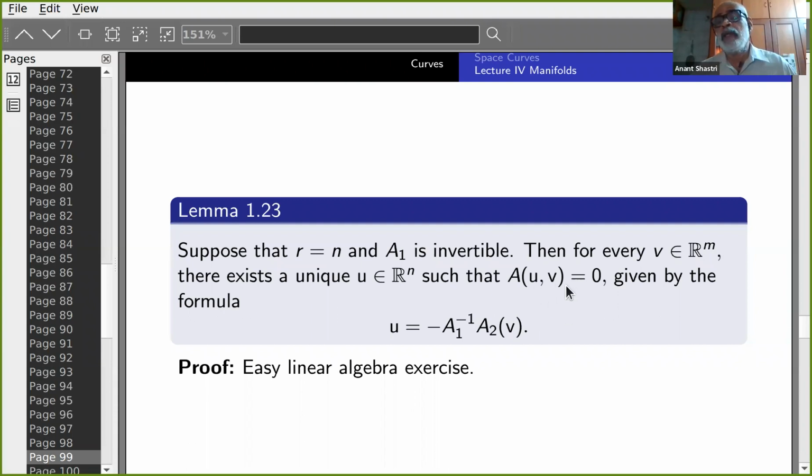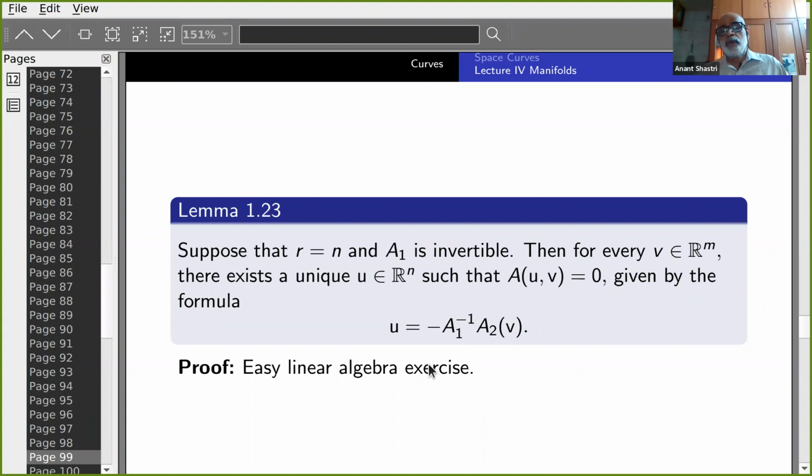That is the way you have to interpret this one. So A(u, v) equal to 0 can be solved uniquely with u in Rn, given by the formula u equal to minus A1 inverse A2 v. So I have given you the solution also, instead of just saying there exists a solution. It's a unique solution. So this is the formula. You just have to verify this.